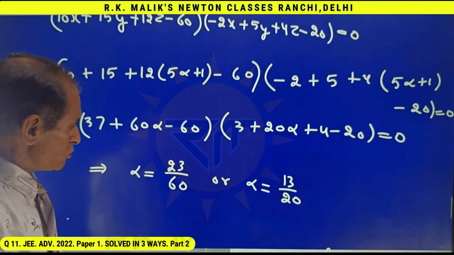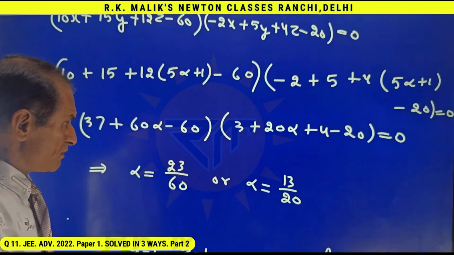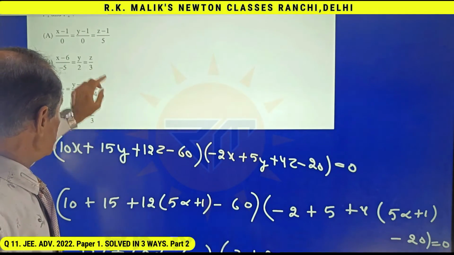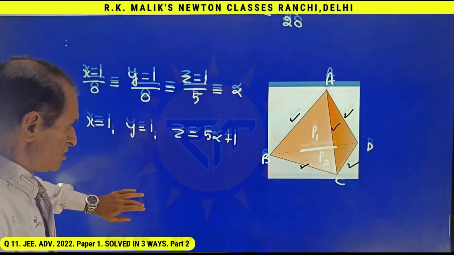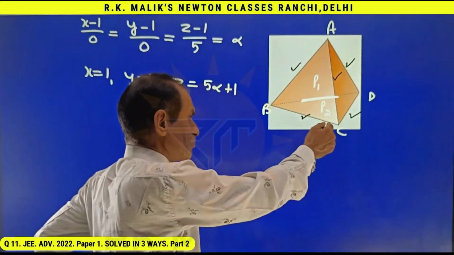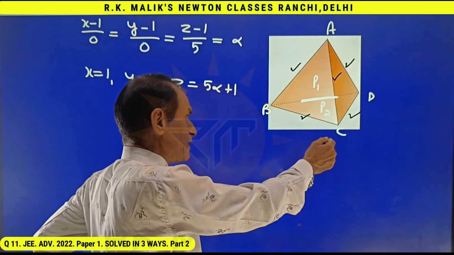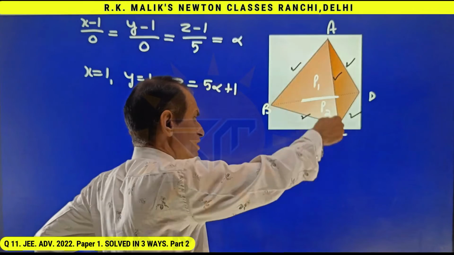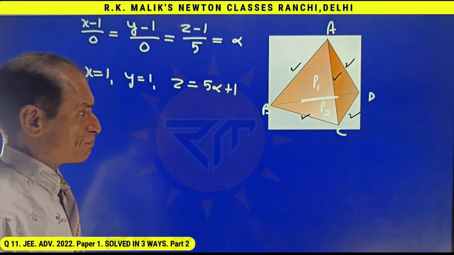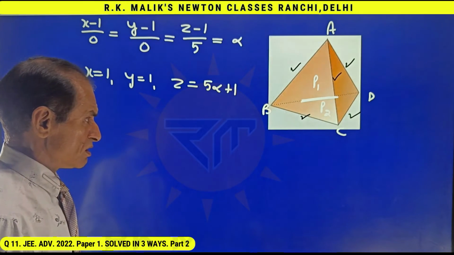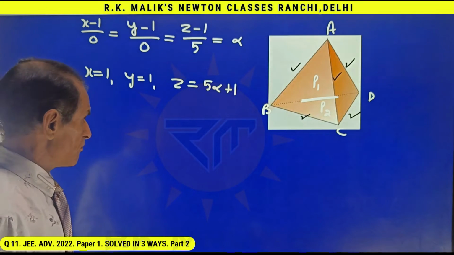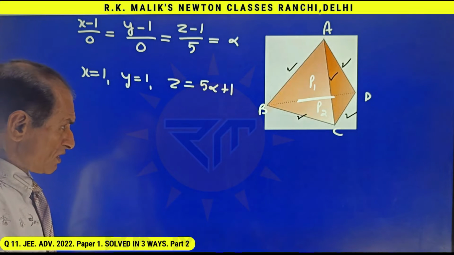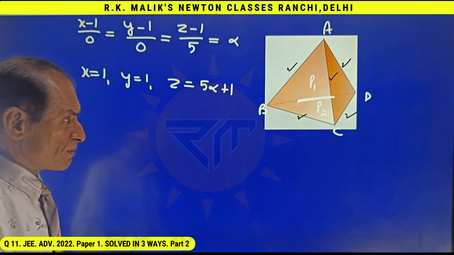And because I have got two different values of alpha, it means this line cuts the plane P1 and P2 at two distinct points. That is, the line is of the type AC. Hence, it can become an edge of the tetrahedron. In this way, we will be dealing with all other lines also, but for clarity purpose, I will solve the other cases also.